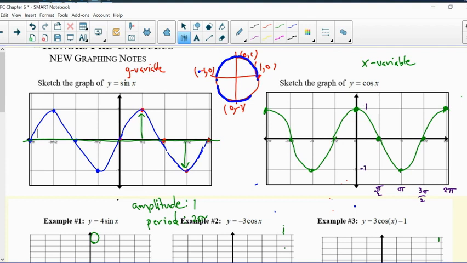Amplitude is always positive, because amplitude refers to how much you deviate from your line of symmetry. So, things to remember: the normal amplitude of sine and cosine is 1, and the fundamental period of sine and cosine is 2 pi. What we're going to start looking at is doing transformations.